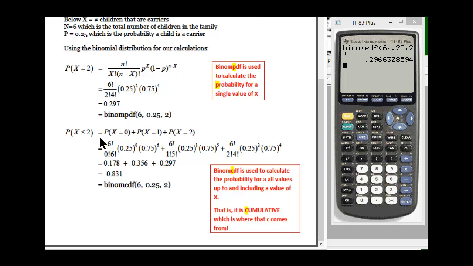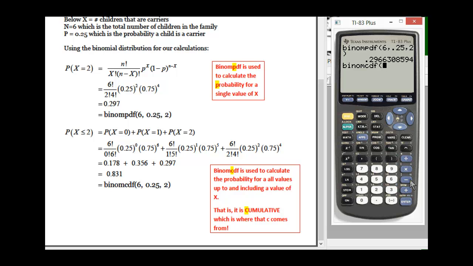To do that, we can use our calculator again, and we're going to go back to the distribution. I'm going to hit second and the VARS key, and then page down, and instead of selecting binomPDF, we're going to select binomcdf, for cumulative. So we want the probabilities added up cumulatively up to that X and including that X. I'm highlighting that and pressing enter.